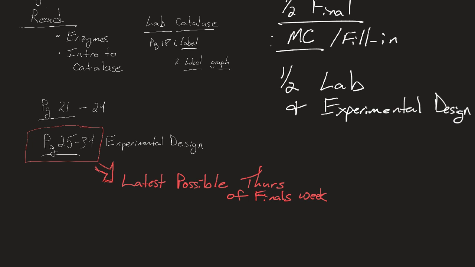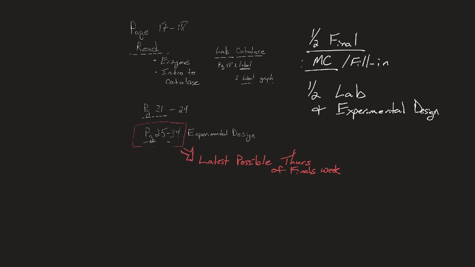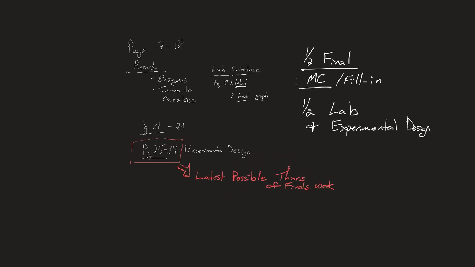Now, for today, what is it you have to get done for today? Give me a second. That's pages 17 through 18. I'm going to highlight everything that's due today.